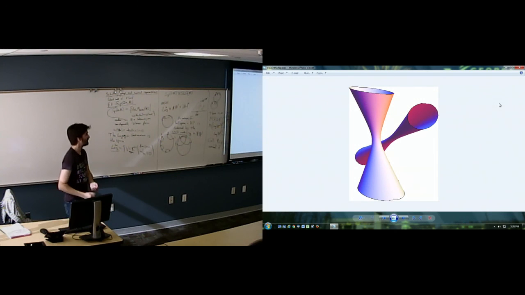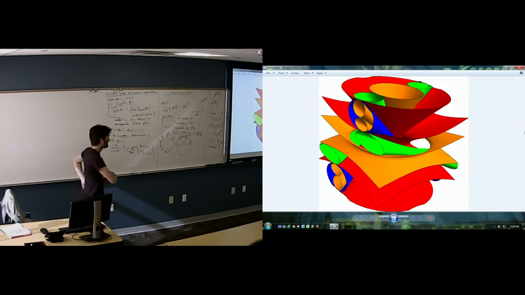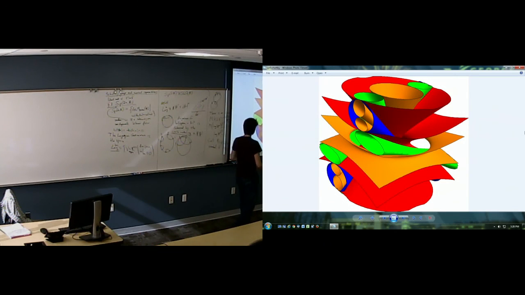If you take more pairs of points, you get more hyperboloids, and this is what the other picture is. It's the equivalent of one of the first things that I drew.